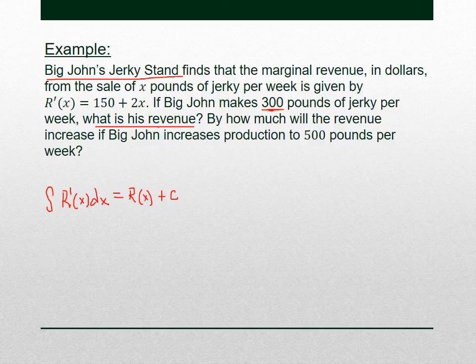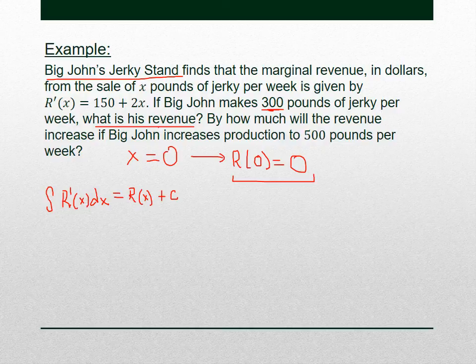And what I didn't say here, but I'm going to assume, is that if I make no jerky every week, aka X equals 0, then the revenue, well, if I didn't make anything, I didn't sell anything, so I shouldn't have brought in any money. So I'm assuming here that R of 0 equals 0, and I'm going to use that point to figure out what C is equal to.